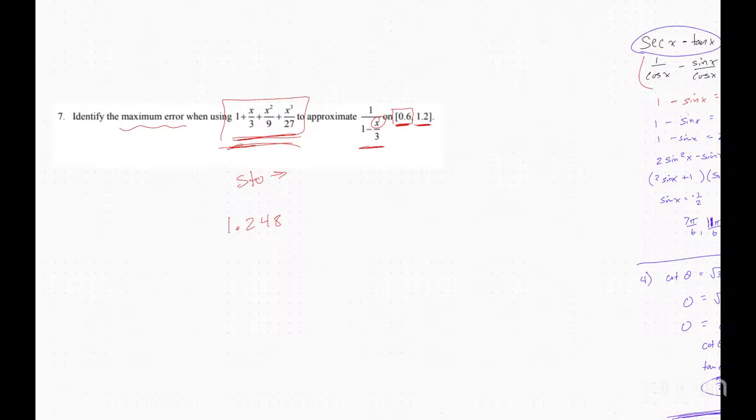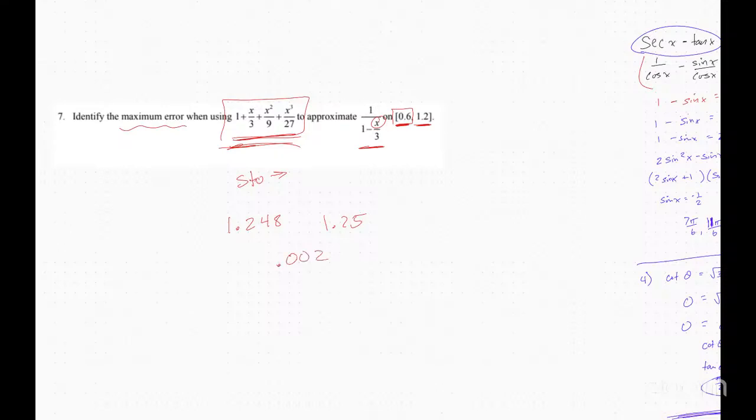Then the absolute value of 1.25 minus 1.248 would be 0.002. That would be the error for that. And now if we have x equals 1.2.